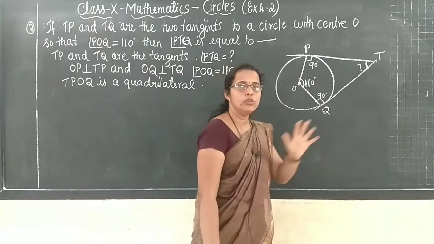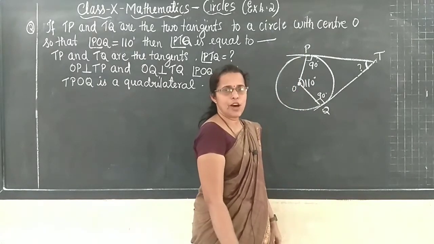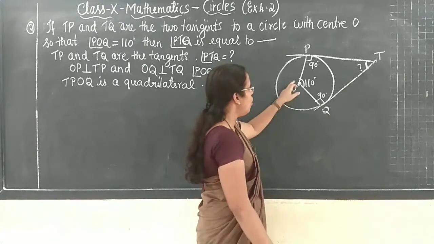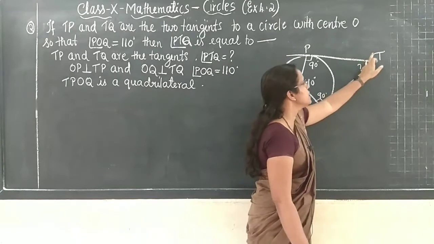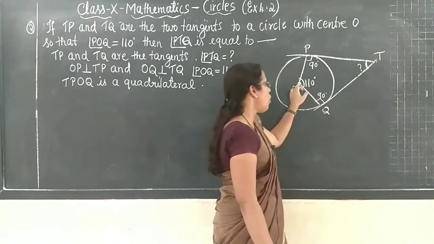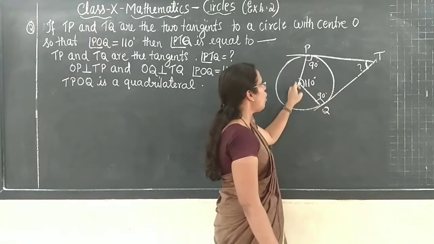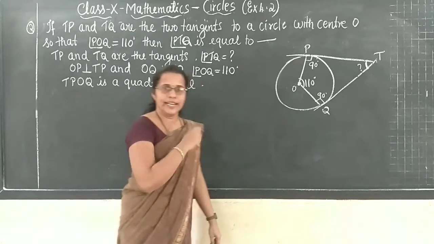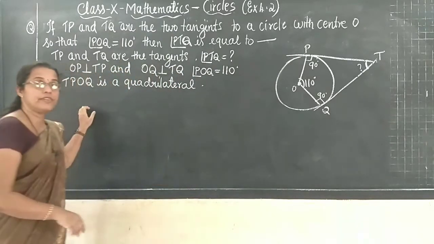If you add all the four angles, its sum is how much degree? 360 degrees. So how to add, once again say, children? OPT plus PTQ plus TQO plus QOP is equal to 360 degree. Can I take it now? See, listen here. First what to take?